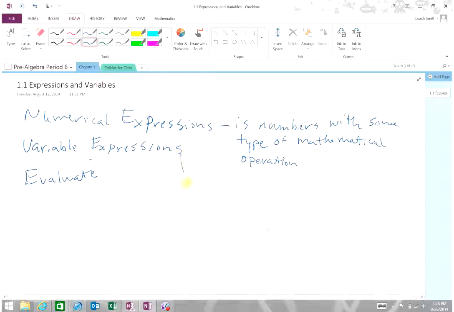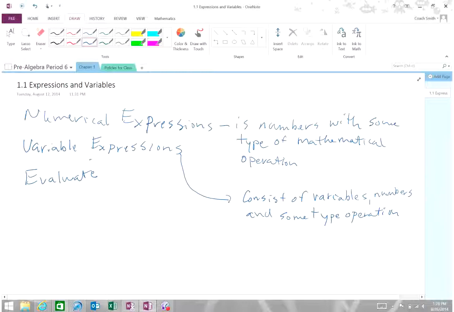Variable expressions. Okay. Variable expression, I'm going to give you pretty much the definition out of the book. Okay. A variable expression consists of variables, numbers, and some type of operation. Okay, let's remember what a variable is.